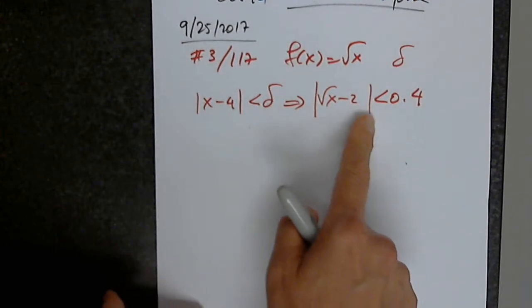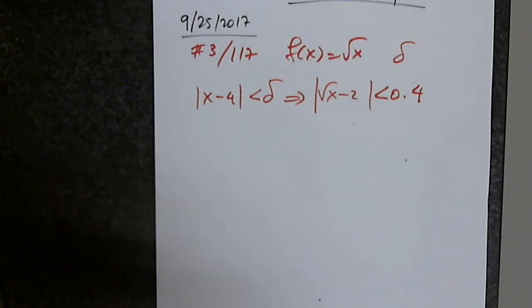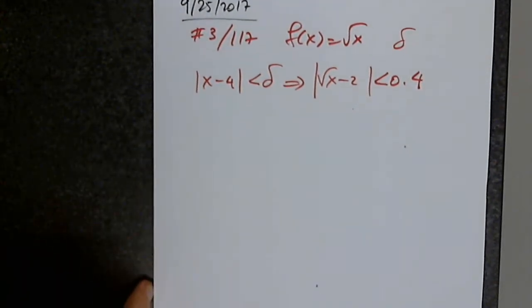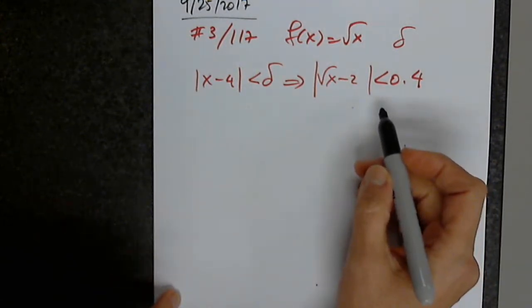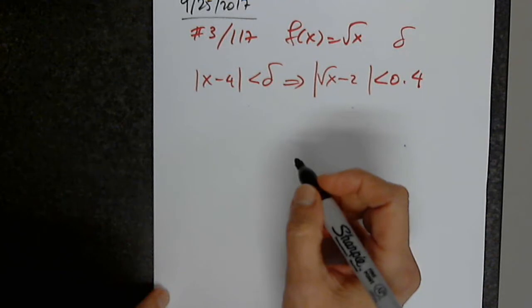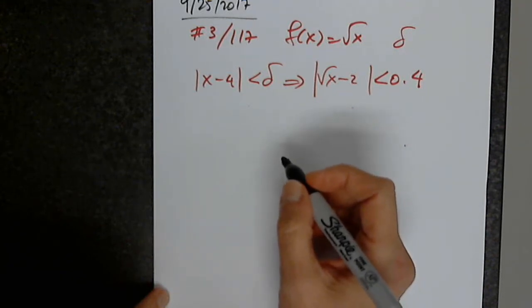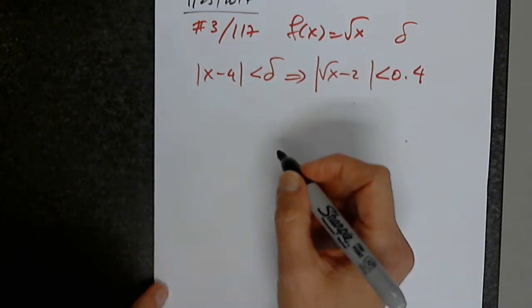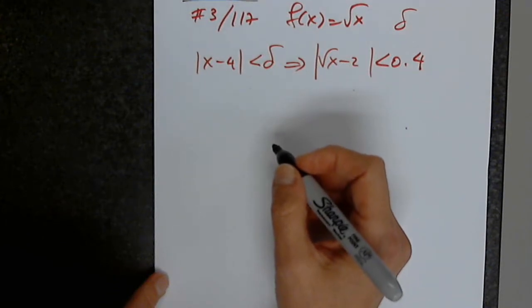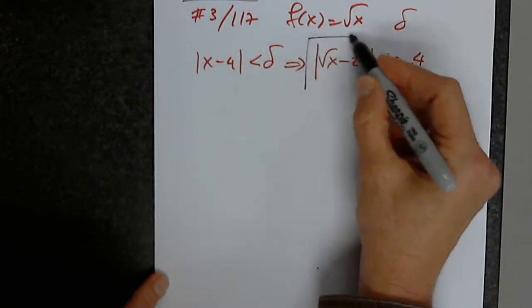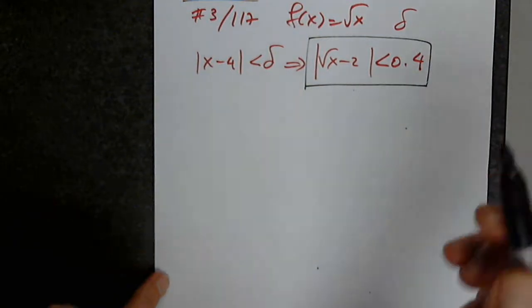Okay, so I have this inequality to solve. How do I solve this inequality? How do we solve absolute value inequalities?